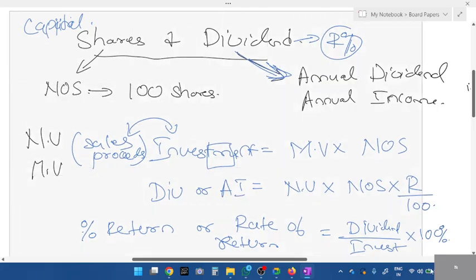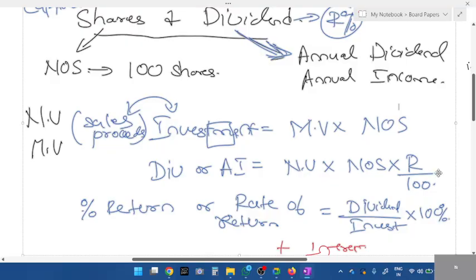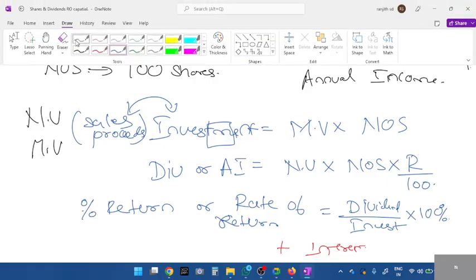Anything left in this chapter to revise? Covered all the topics, right? Percentage return, rate of return, dividend by investment. What else is left? Number of shares, annual income. Okay, just write in that book, write shares and dividend, just write the main formulas.